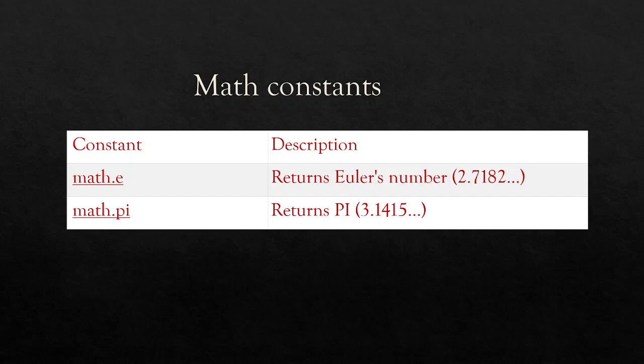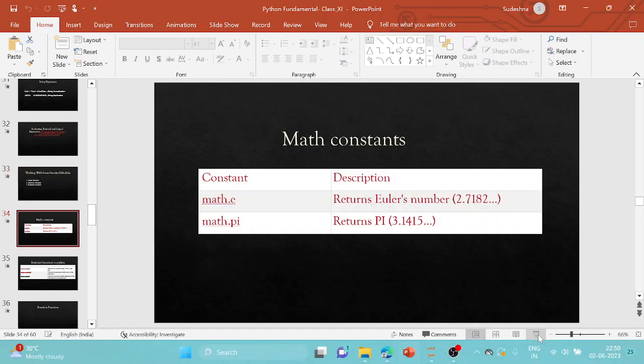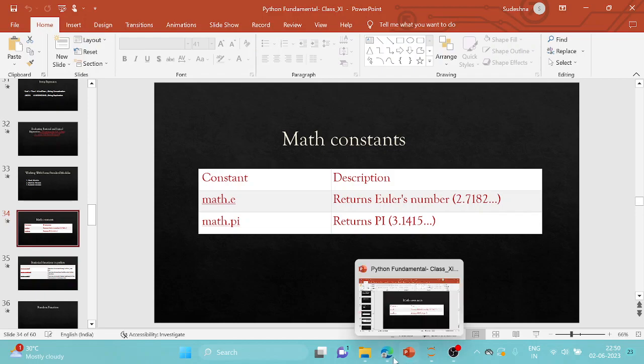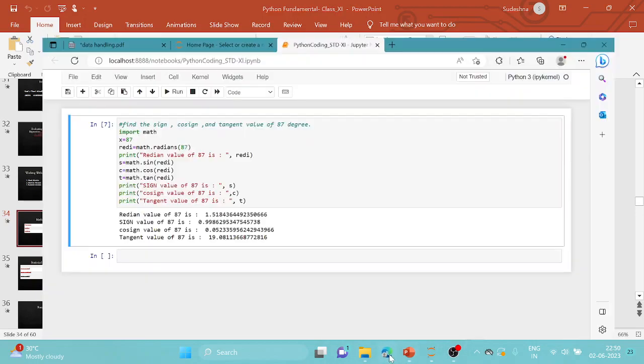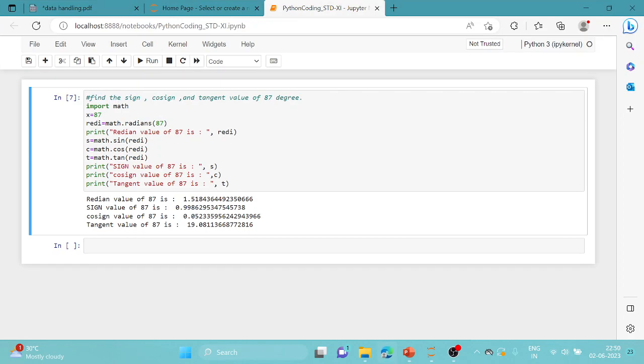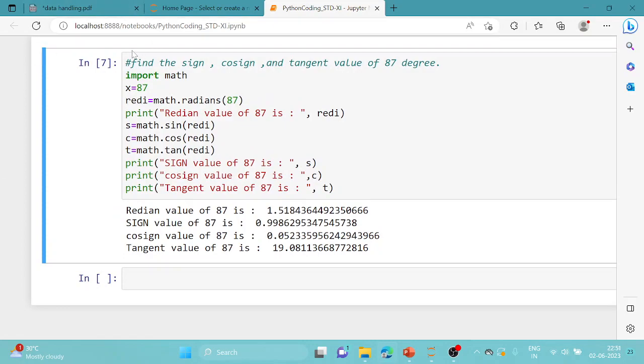Except for these constants, we have several functions in the math module. First I am moving into this Python code. This code finds the sine, cosine and tangent value of 87 degrees. We have an angle value of 87 degrees, and we have to find the sine, cosine and tangent value of this angle.